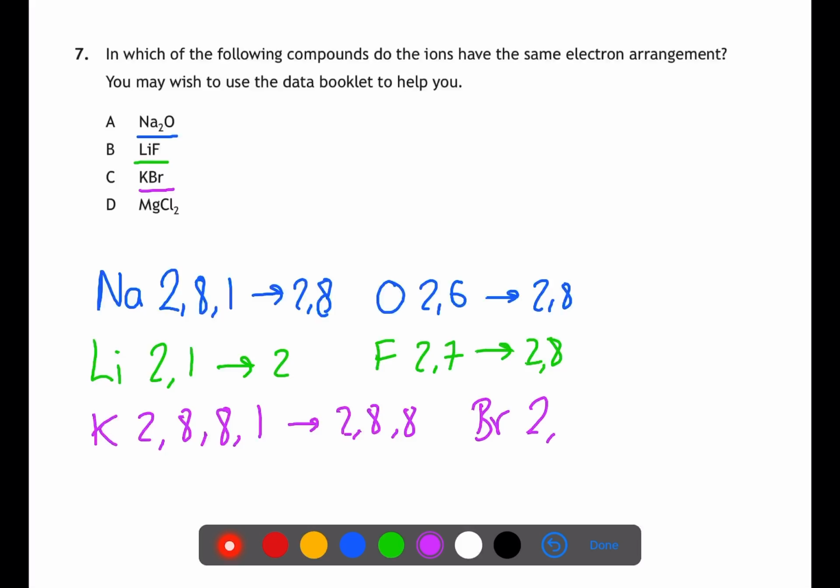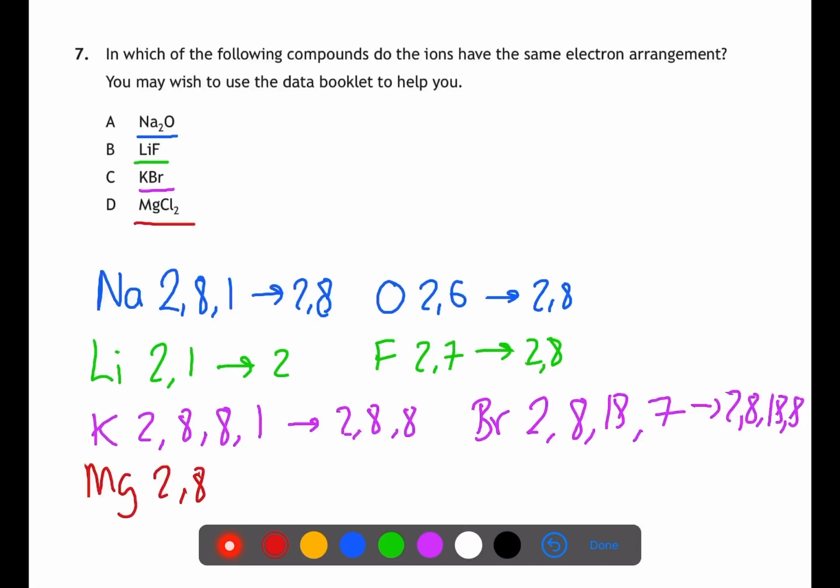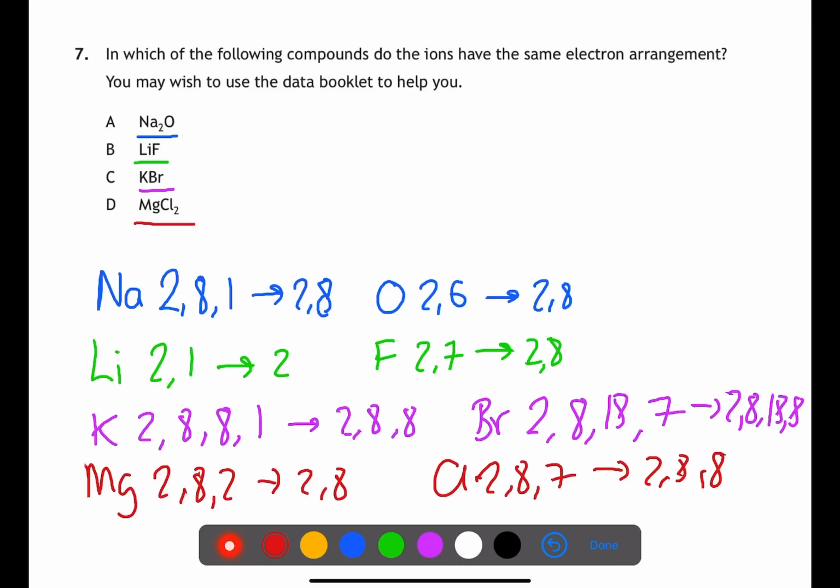Bromine is 2,8,18,7 and becomes 2,8,18,8 when it becomes an ion. And then finally, magnesium is 2,8,2 and becomes 2,8 when it becomes an ion. And our chlorine is 2,8,7 and becomes 2,8,8 as an ion. So the answer, which has the 2 ions with the same electron arrangement, is A.